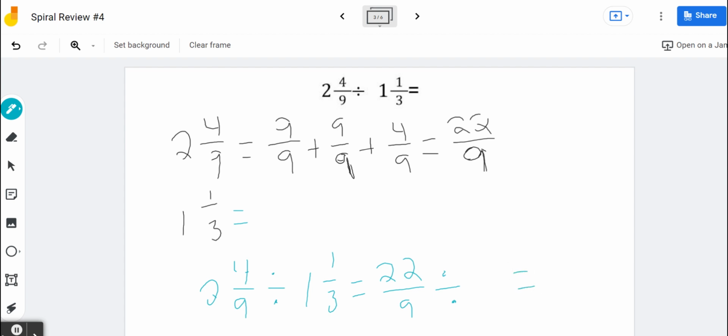And then here, don't forget you have to multiply by the reciprocal. Once you write it with improper fractions, we don't actually divide fractions. Remember, that is not something we can do in math. We multiply by the reciprocal. You should know what that means. If not, Google it. Pictures will come up on what to do. I'll let you solve the last few steps of this one on your own.